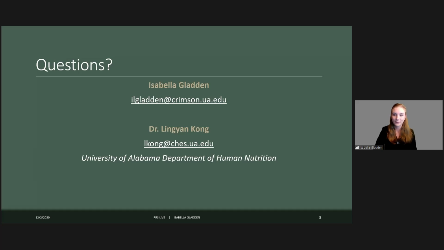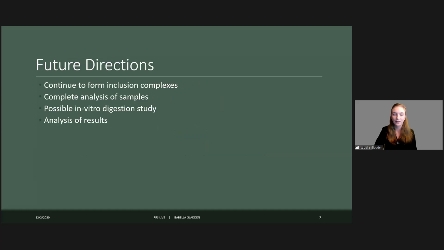Yeah, on the previous slide, you mentioned that you were going to continue the analysis of your samples. What are some other facets that you're going to continue in that analysis? By analysis, I meant that we were going to observe our results from the various characterization techniques I described, and then draw our conclusions from what we found.